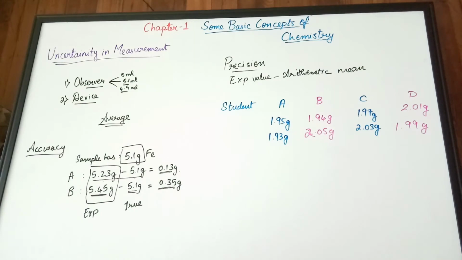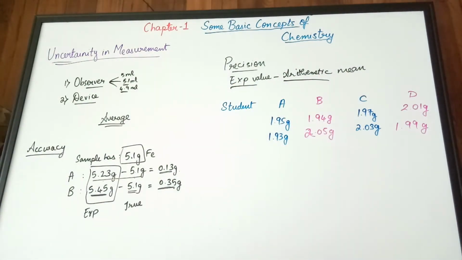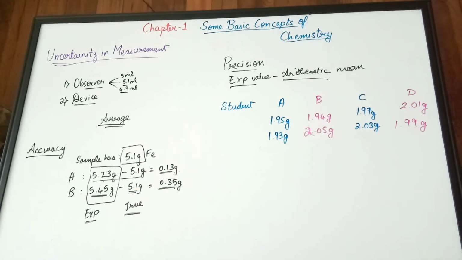Precision is the difference between the experimental value and the arithmetic mean. So the closer the values are together, the less the difference between these two values, and the more precise it will be. To understand precision and accuracy better, let's take an example.